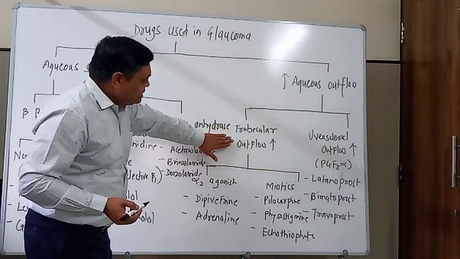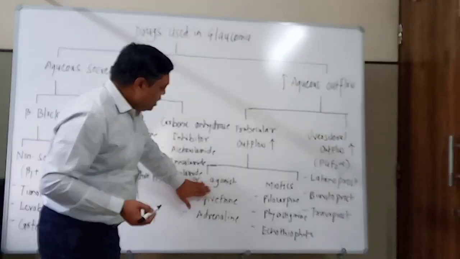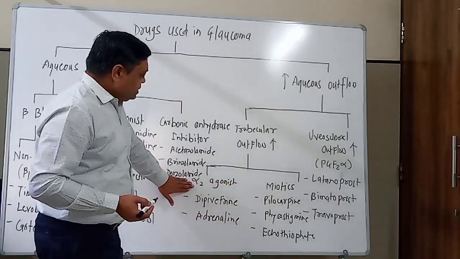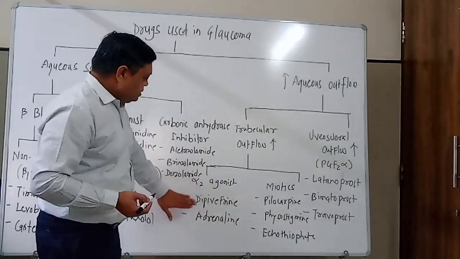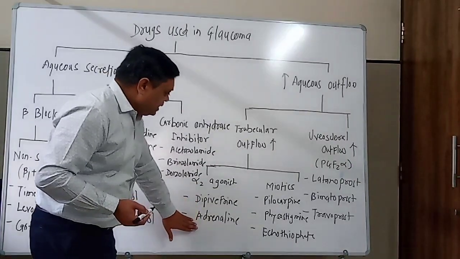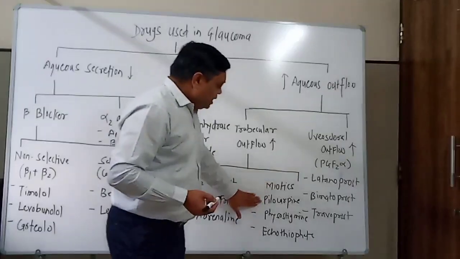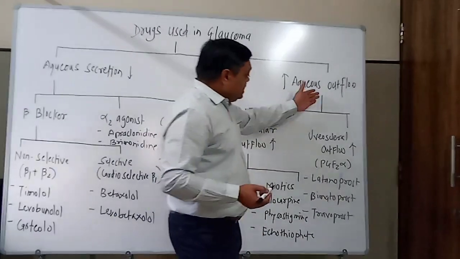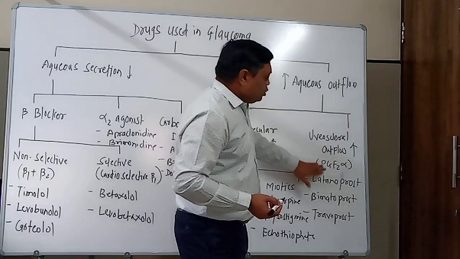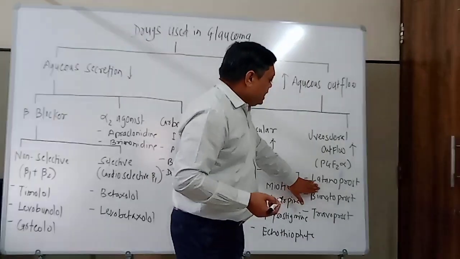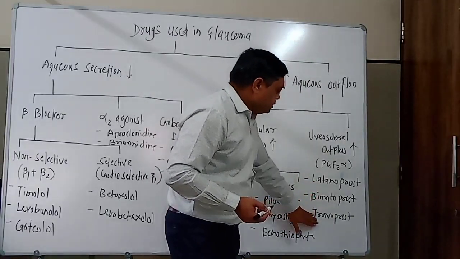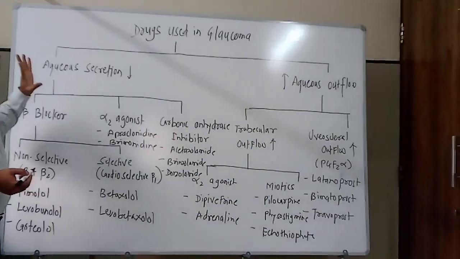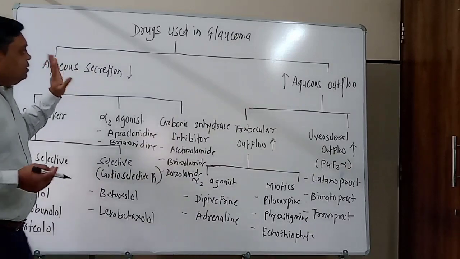The drugs increasing trabecular outflow are alpha agonists and miotics. Non-selective alpha agonists are dipivefrin and adrenaline. Miotics are pilocarpine, physostigmine, echothiophate. The drugs increasing uveoscleral outflow are prostaglandin analogs, mainly latanoprost, bimatoprost, travoprost. Now we see each group in detail, one by one.